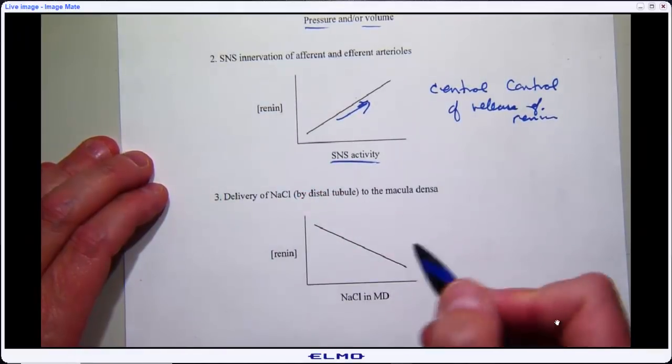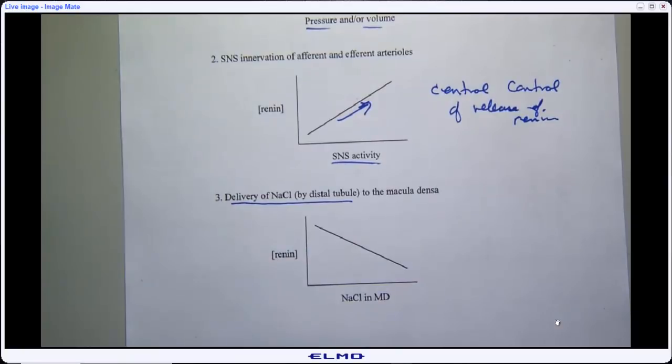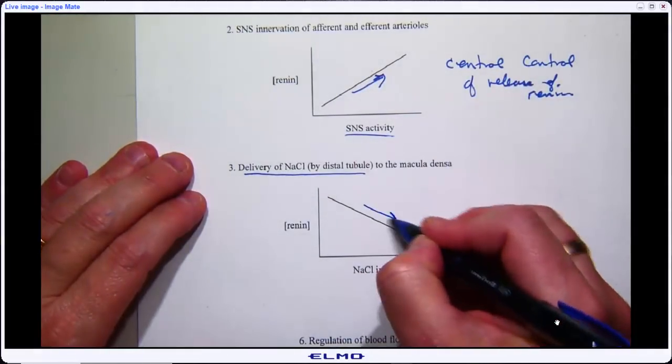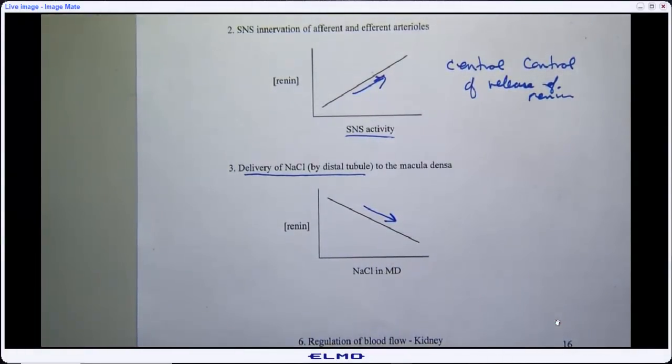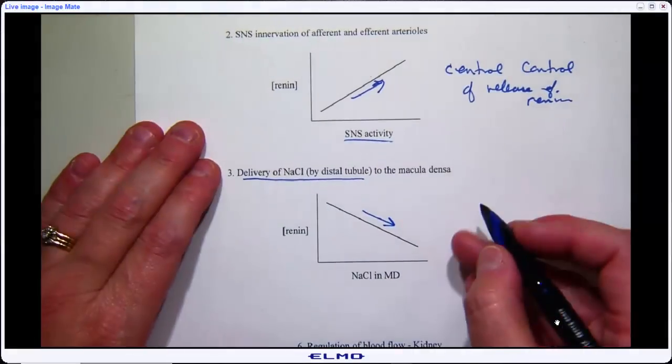We can release renin based on the delivery of sodium chloride by the distal tubule to the macula densa. These are probably just useless syllables right now because we have no idea what the macula densa is or what this even means. So I'm going to write it down here that indeed an increase in sodium chloride at the macula densa will cause a decrease in renin.